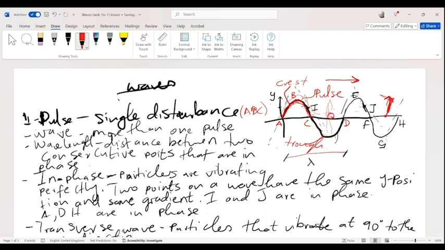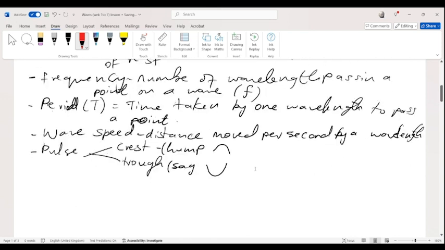Now, what is the formula for the wave speed? The wave speed is given by distance over time.